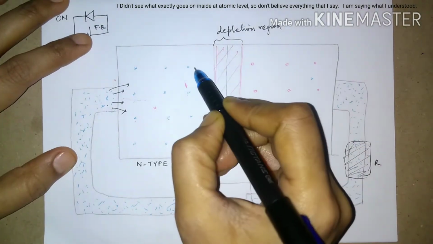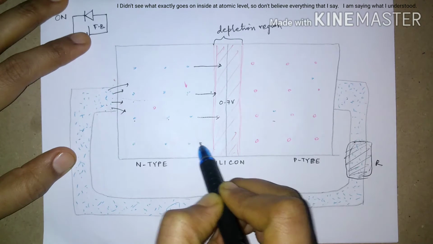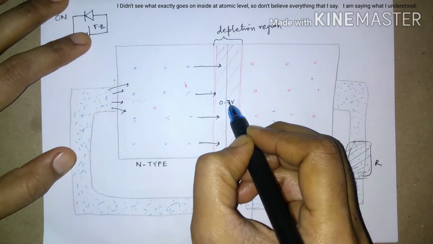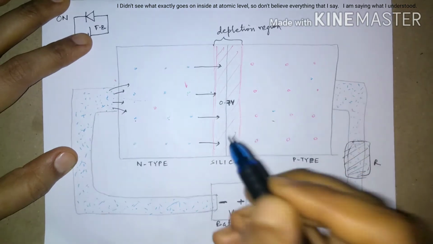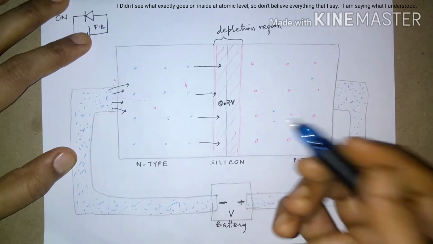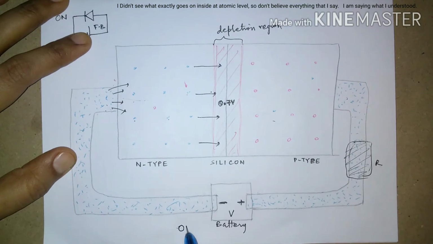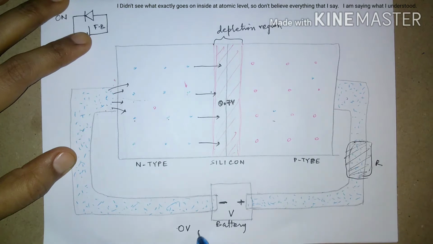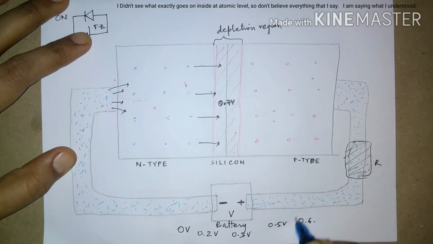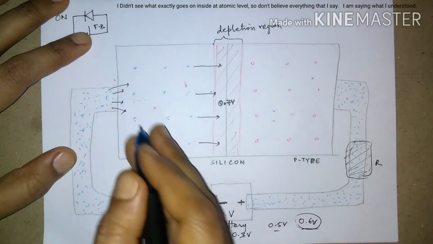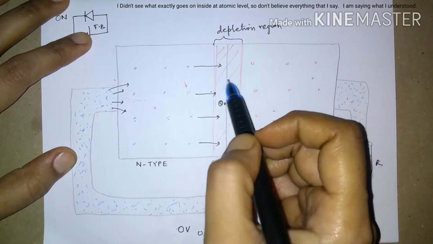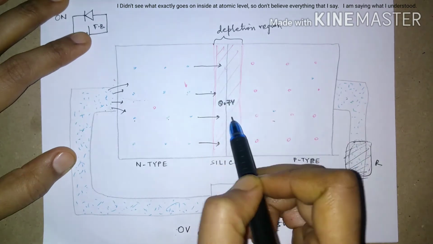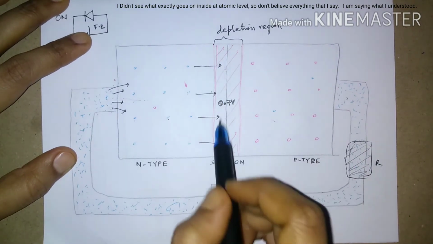So all these electrons gain enough energy to go through the silicon once the voltage is nearing 0.7 volts. Starting, let's say we have given 0 volts, no change, it will remain the way it is, and as you increase it from 0.2, 0.3 volts, 0.5 volts, 0.6 volts, it starts to push those electrons which are already sitting inside these holes which are satisfied.